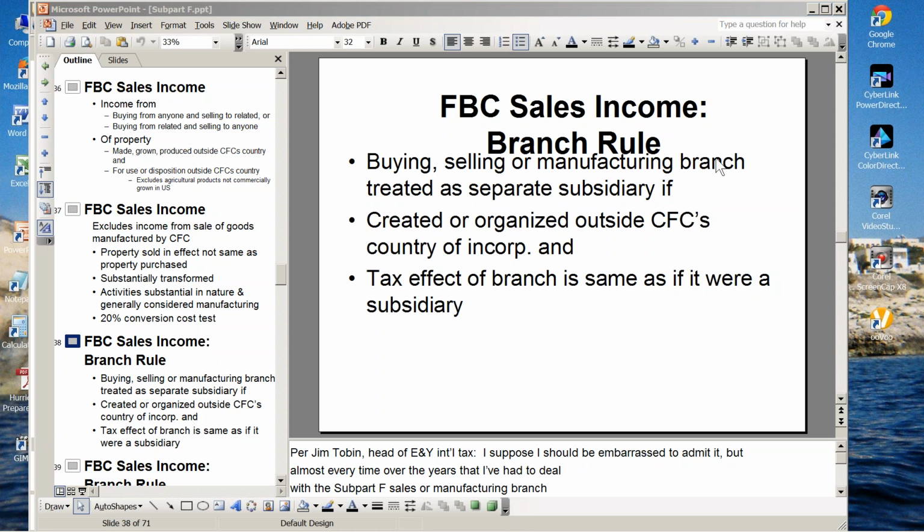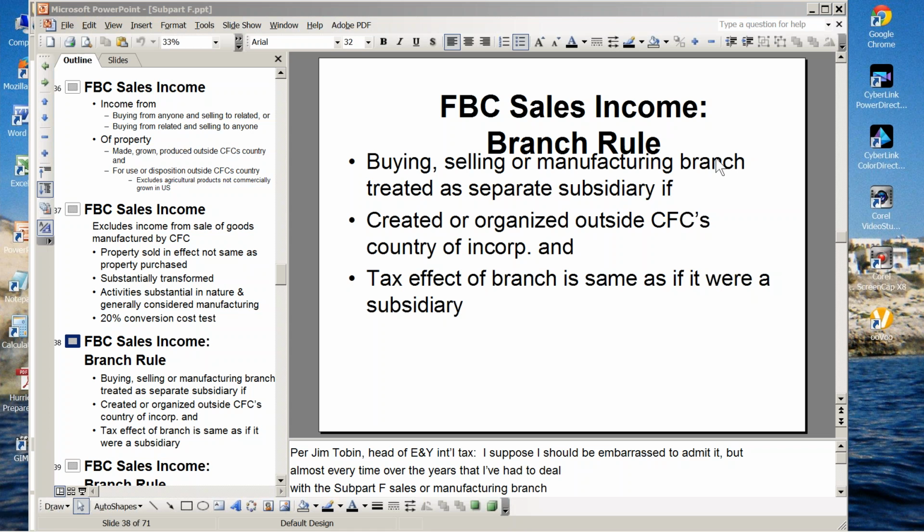Foreign law often recognizes a branch of a company as if it were a separate company. This is extremely common under European civil law countries, France, Germany, Italy, Spain, etc. It's also fairly common in Asia.